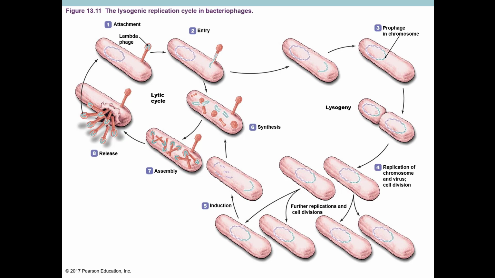And that is step 5 here, where the chromosome then starts taking over the cell. The cell starts making new virus particles, and it ends in the lysis of the cell, just like the basic lytic cycle did before.